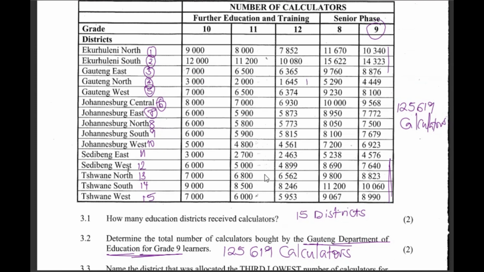It's 1,645, followed by 2,400, 2,463, followed by, let's see, it could be 4,000.